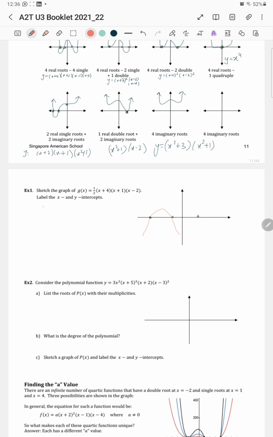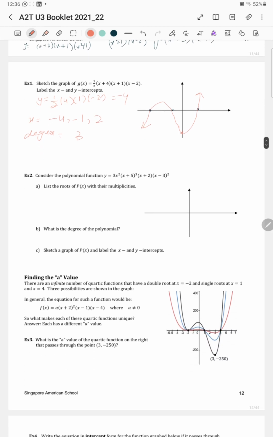For the y-intercept, we need to put x is equal to 0. So y is equal to minus 4. Degree is equal to 3, and the leading coefficient is positive, so increasing trend.